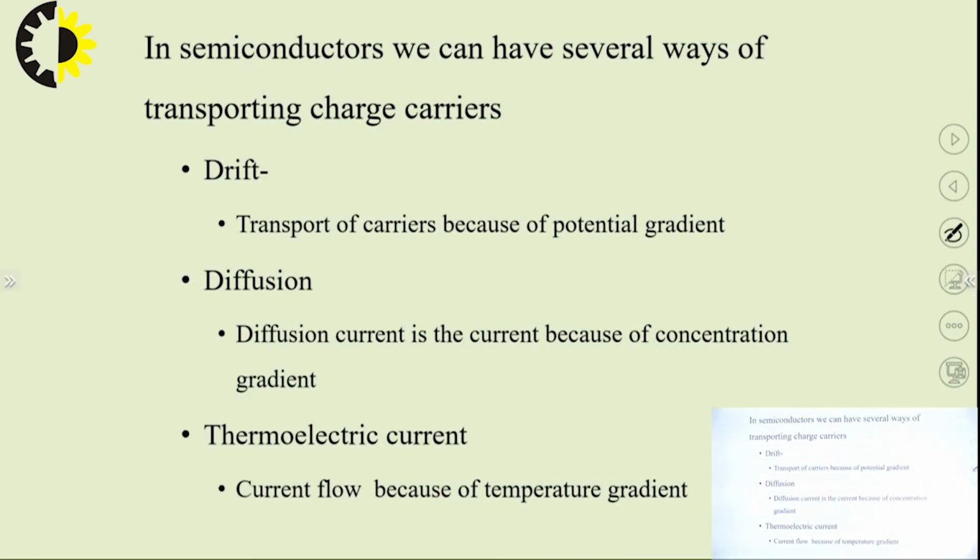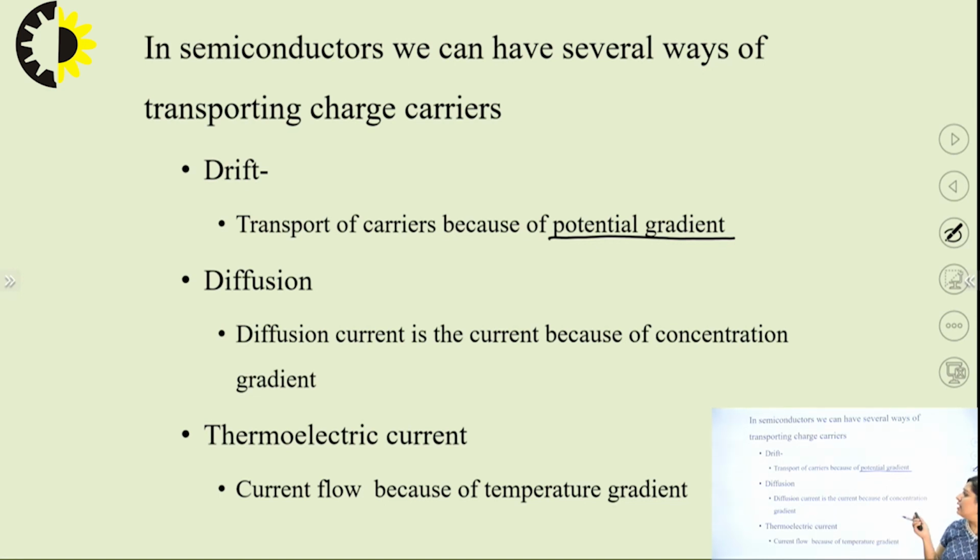In semiconductor devices, we have several ways of transporting charge carriers: drift current, diffusion current. Drift current is the transport of carriers because of the potential gradient. Because of the potential gradient difference, there is a transport of carriers, or the electrons and holes will move towards each other.